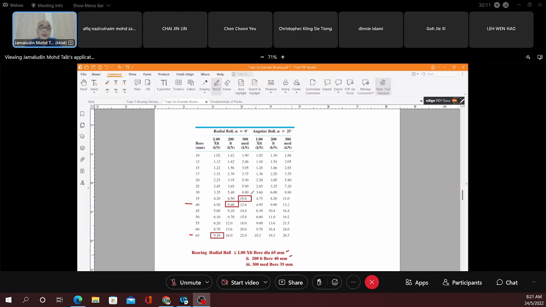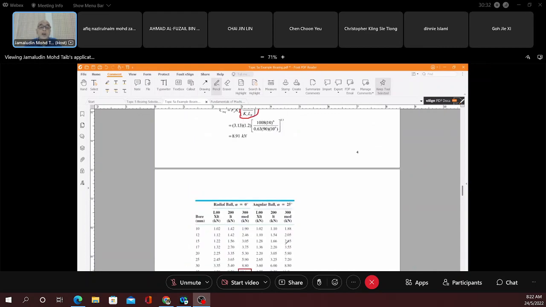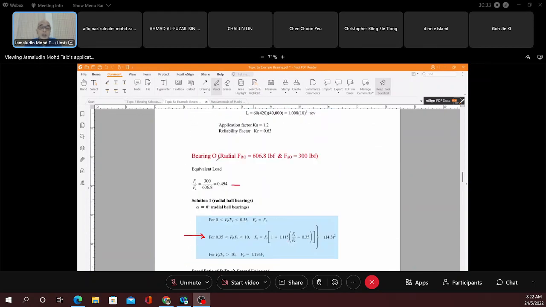And finally for 8.91, we can choose a bit larger one, 35 bore diameter. This will be the solution. The 60 series bore diameter is going to be 65, the 200 series bore diameter is going to be 40 millimeter, the 300 medium series here is going to be 35. These are the three possible solutions if you choose radial ball bearing.